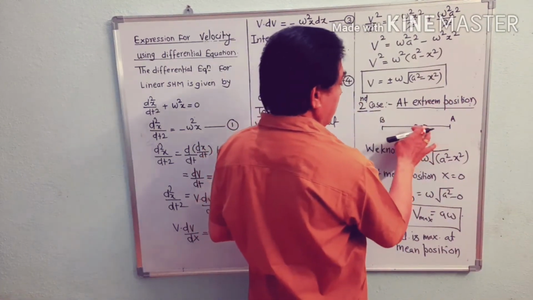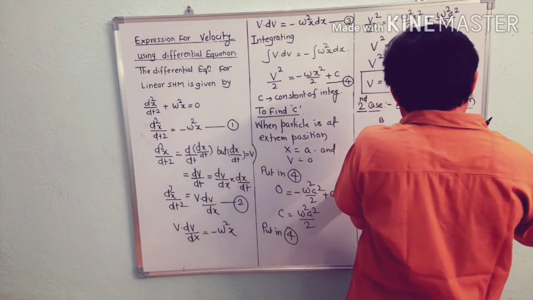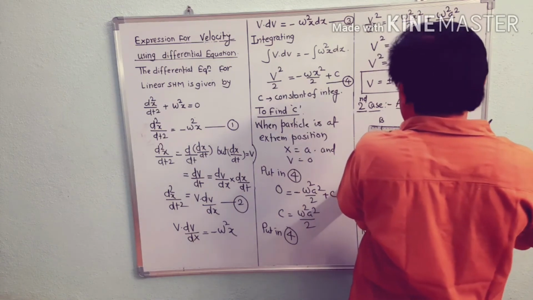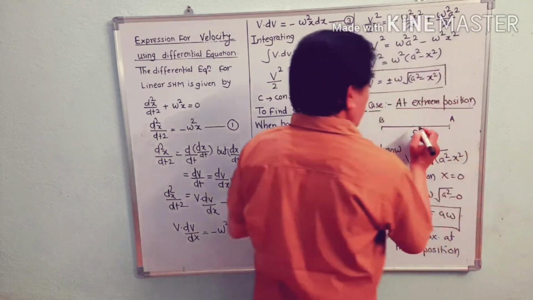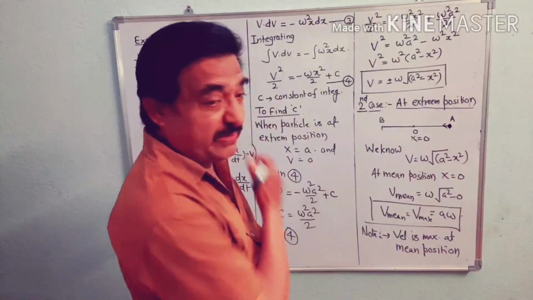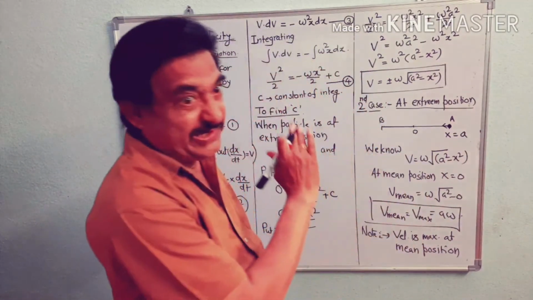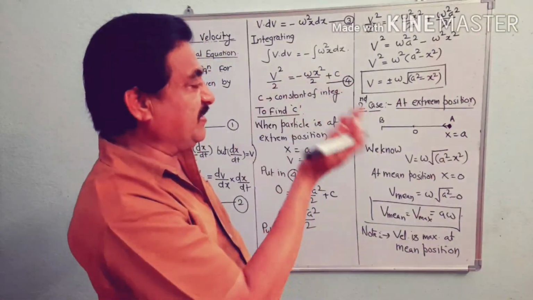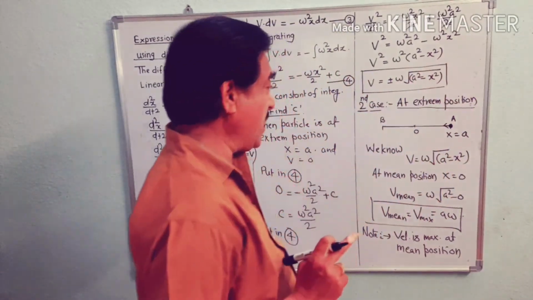If we draw this figure, then this is the mean position, this is the extreme position. Particle is here and coming toward the mean position. Here x is equal to a, because particle has traveled the maximum displacement. The maximum displacement on either side of the mean position is called as amplitude, where a is called as the amplitude. So x is equal to a.